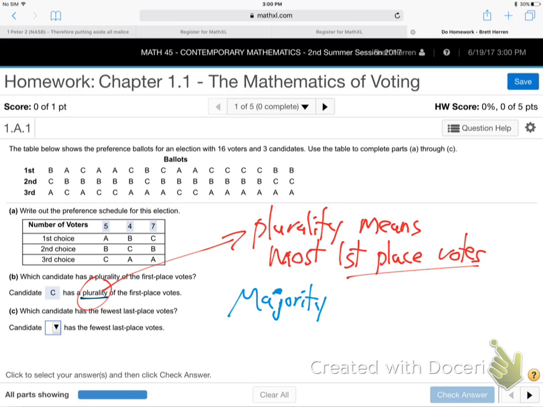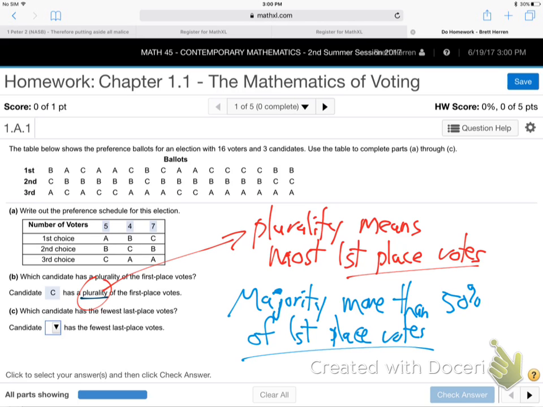Majority means it has to be over 50% of the total, whereas plurality is just relative. So majority is more than 50% of first place votes. They'll throw those words around, so you want to be clear what they're talking about.